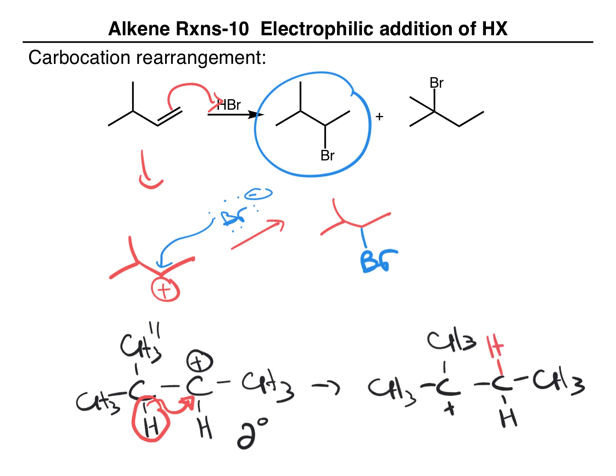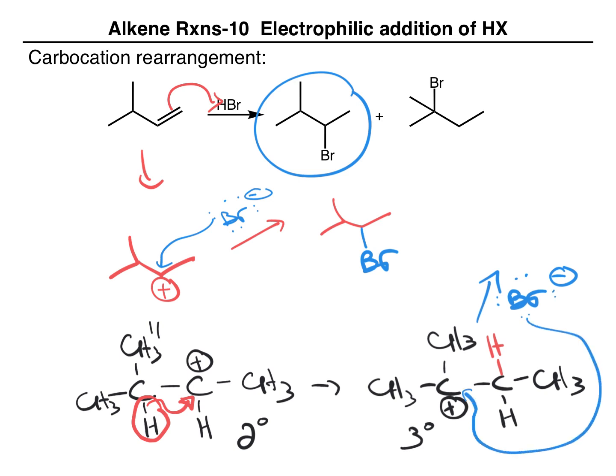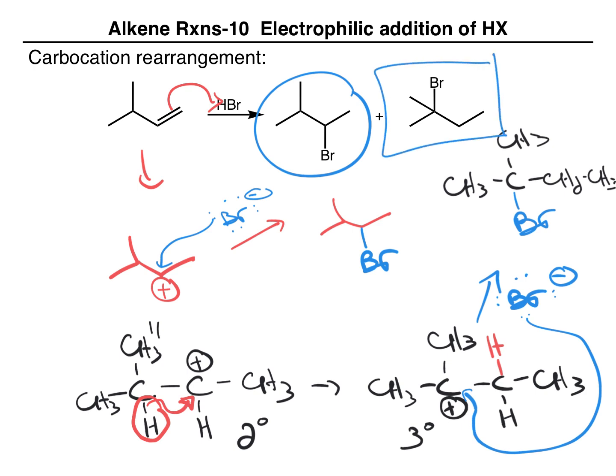And that leaves this carbon as a carbocation. Now we have a tertiary carbocation. If bromine adds to this rearranged carbocation, then what does that give us? Here's our CH3, C, CH3, CH2, CH3, and here is bromine. In other words, that is this product.